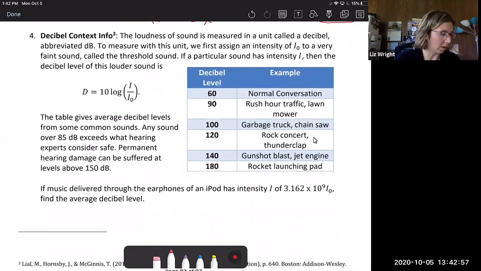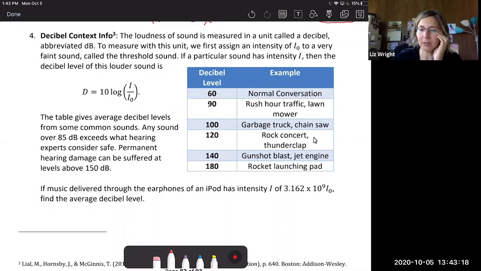Let's look at number 4, our decibel problem. The loudness of sound is measured in a unit called a decibel, abbreviated as dB. To measure this unit, we first assign an intensity of I sub 0 to a very faint sound called the threshold sound.